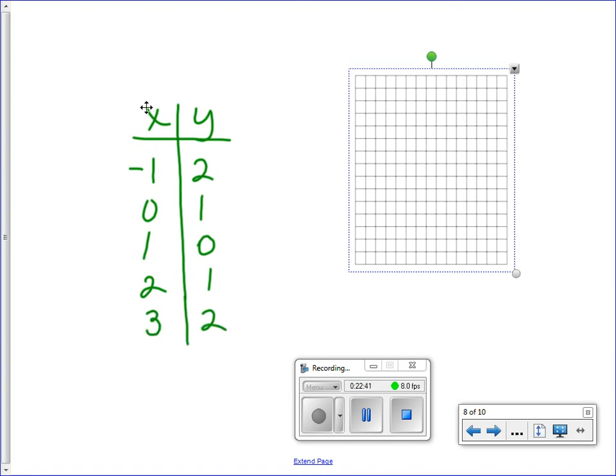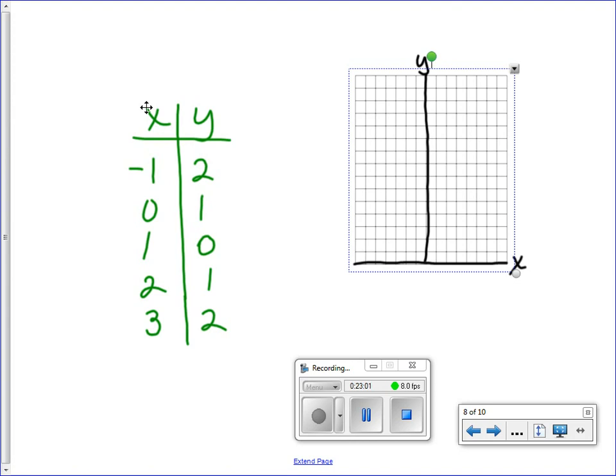All right, so on our graph, because I have some negative numbers, I'm going to make this my x-axis right here, and I'm going to put my y-axis kind of here in the middle.